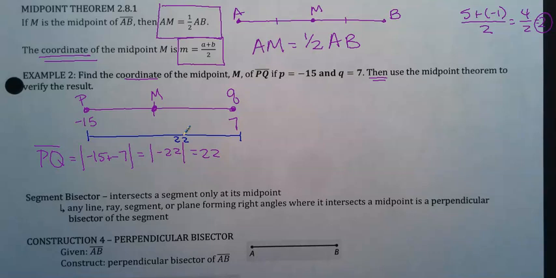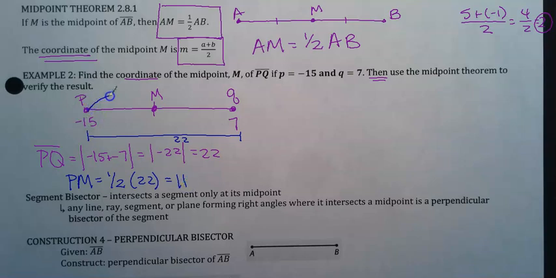If we know the length, then we could use this property, and we know that PM is going to equal 1/2 of 22. So the length of P to M is going to equal 11.